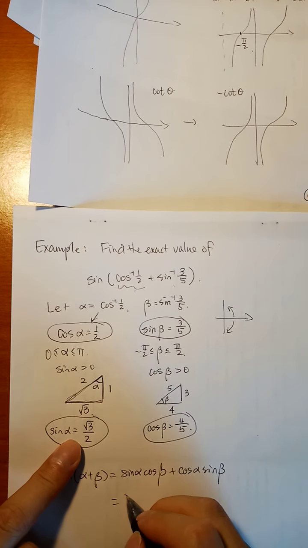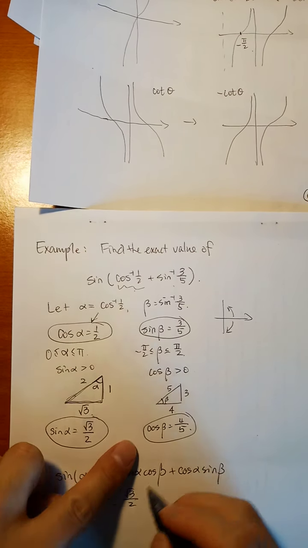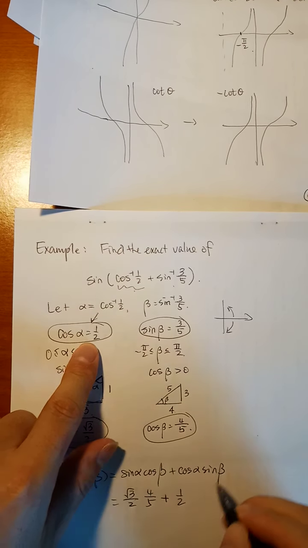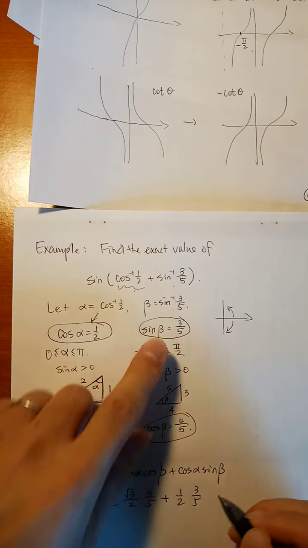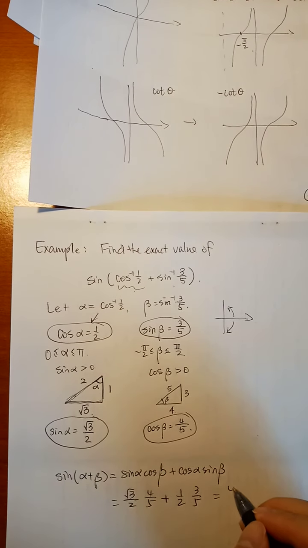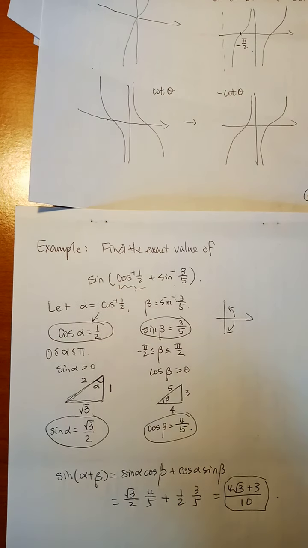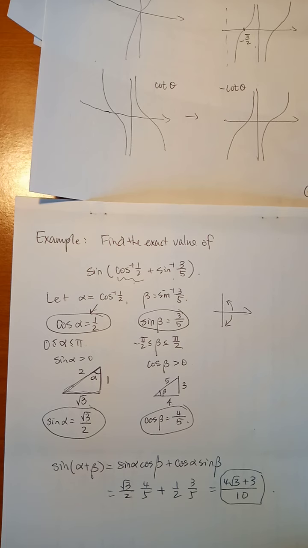Sine alpha is root 3 over 2, cosine beta is 4 over 5, plus cosine alpha, 1/2, sine beta, 3 over 5. So it's 4 root 3 plus 3 over 10. See, that is the exact value.